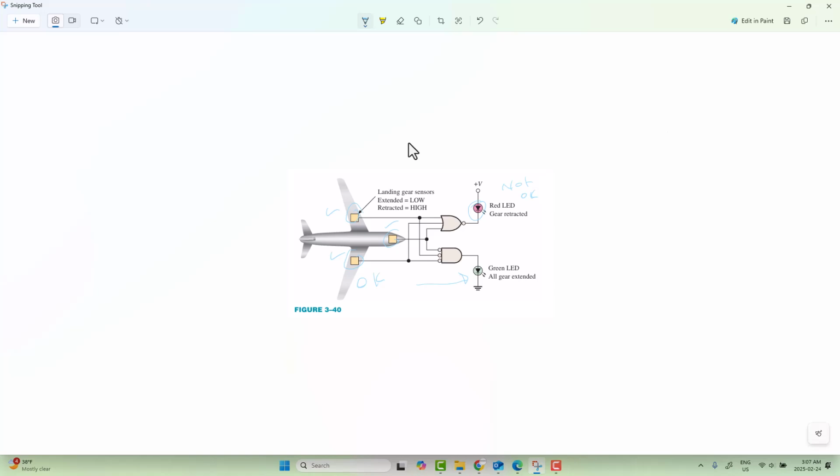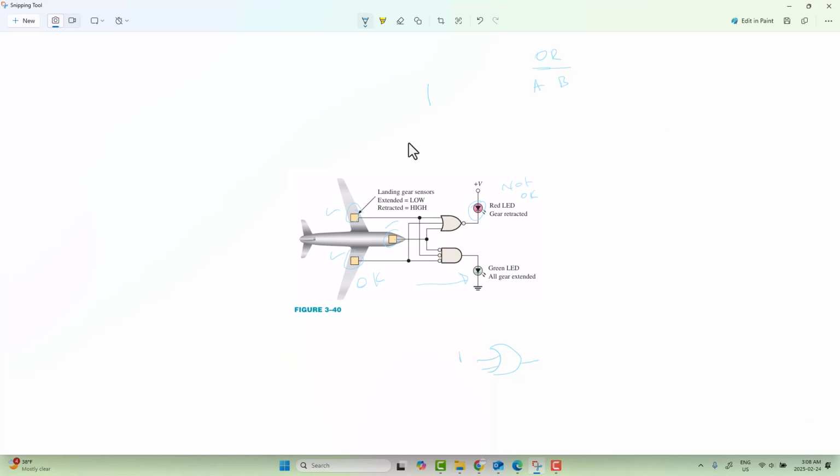So let's recall how a NOR gate works. In order to understand the NOR gate, we need to understand the OR. The OR gate has two inputs, A and B, and it has this kind of symbol.